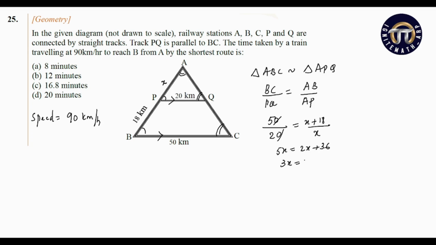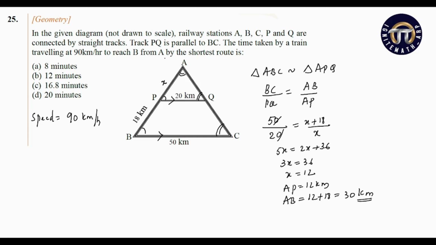So 3X is equal to 36. X is equal to 12. Clear, children? The distance AP is 12 kilometers. Clear? So how much is AB now? AB is equal to 12 plus 18, that is equal to 30 kilometers.